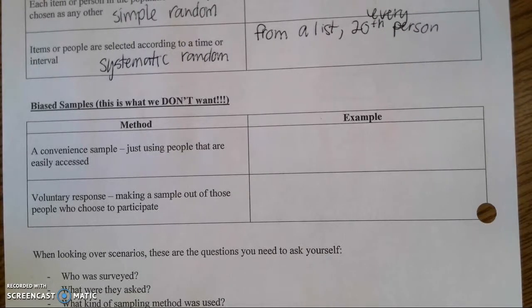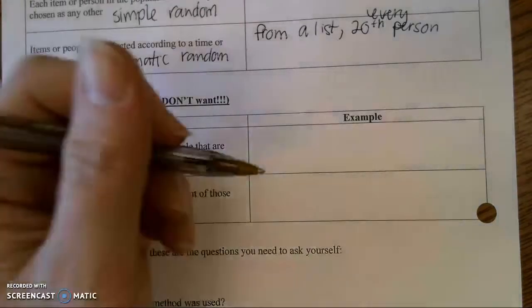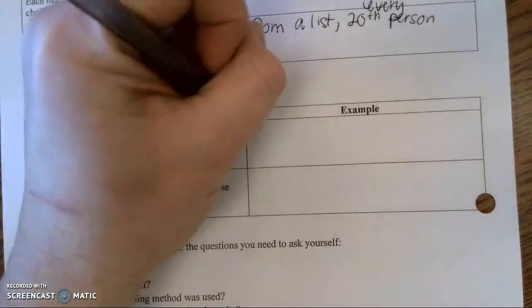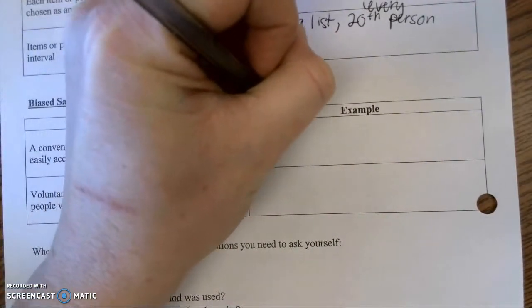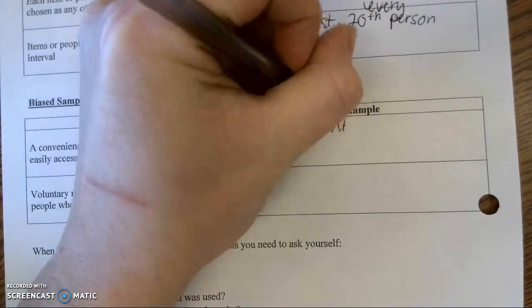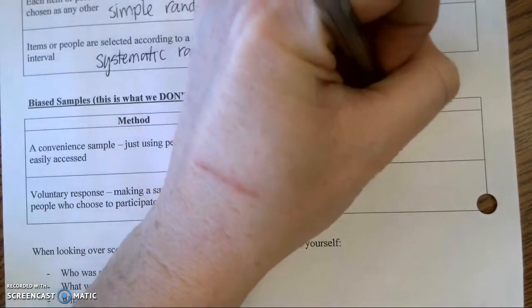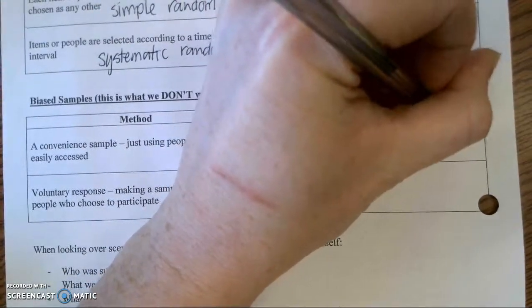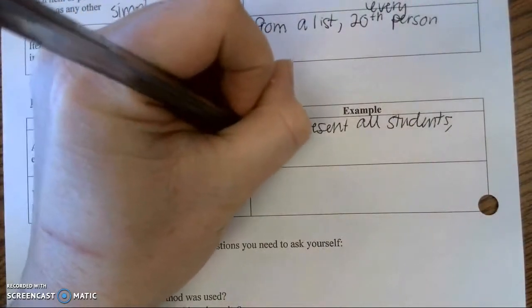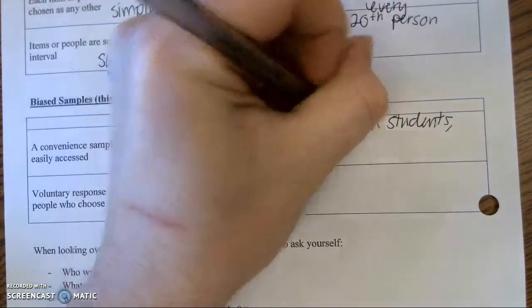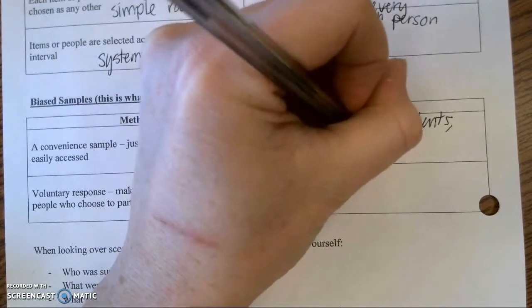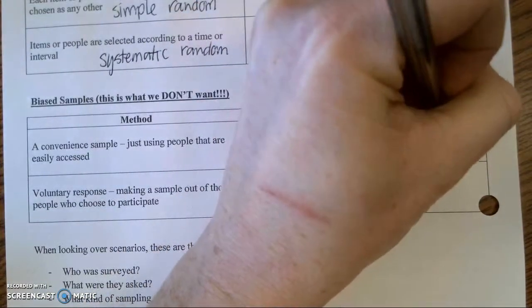Okay, so biased samples, we're going to talk about a convenient sample. So a convenient sample is just using people that are easily accessed. So an example of that would be to represent all students, the principal surveys a math class.